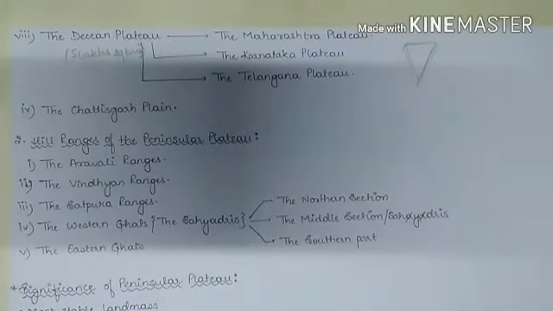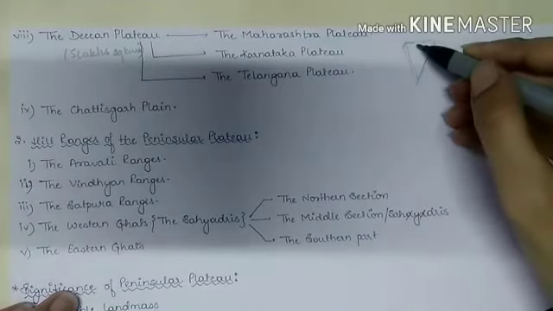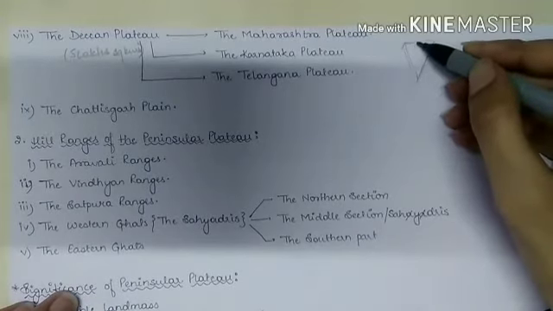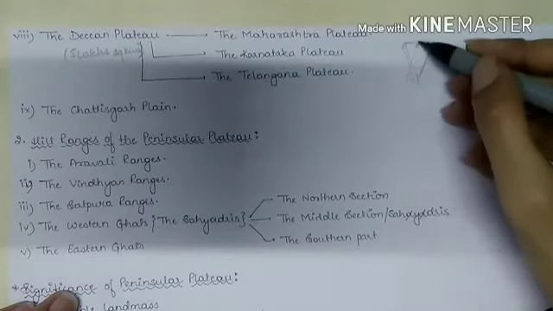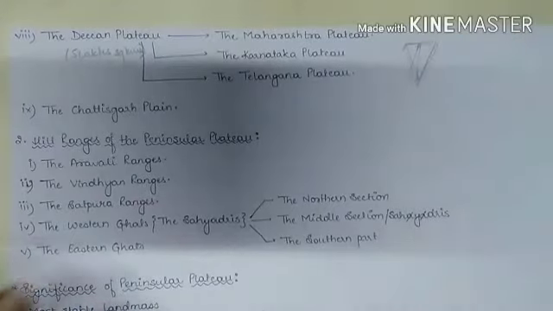The average elevation of this area is about 600 meters and it rises up to 1000 meters in the south, but it dips to about 500 meters in the north. So this area has less elevation and this area has more elevation.